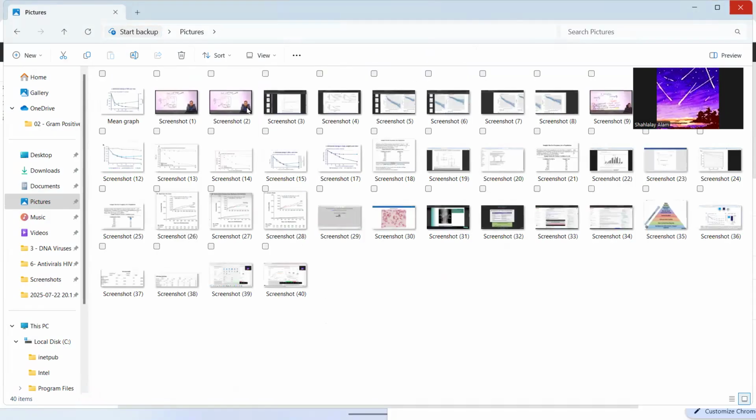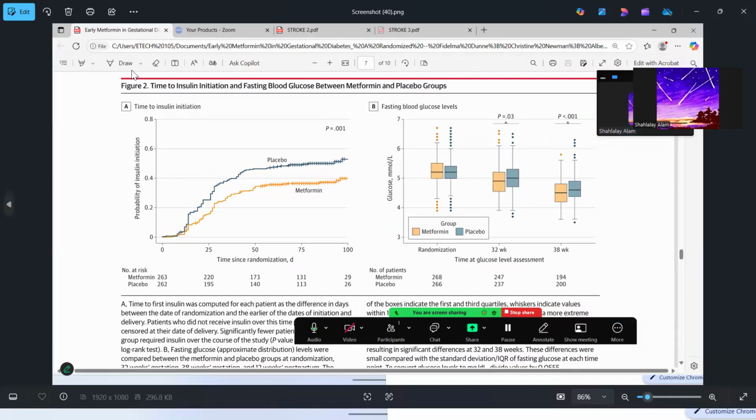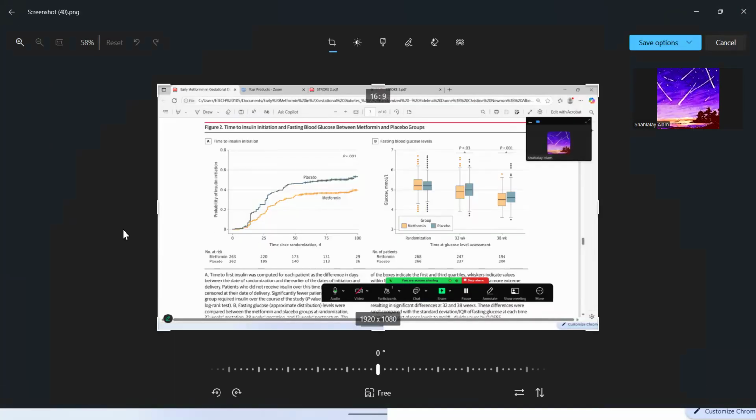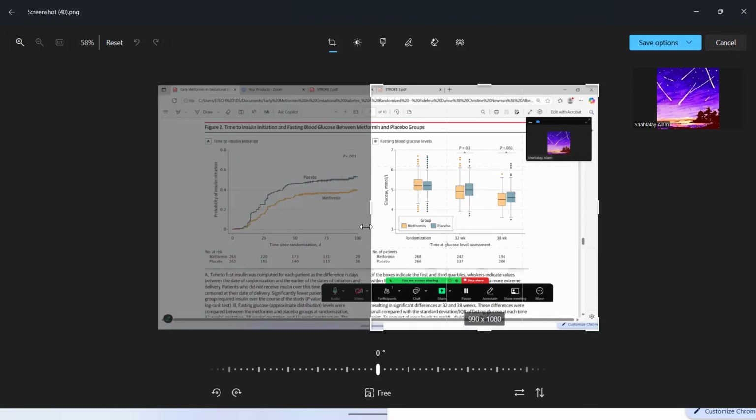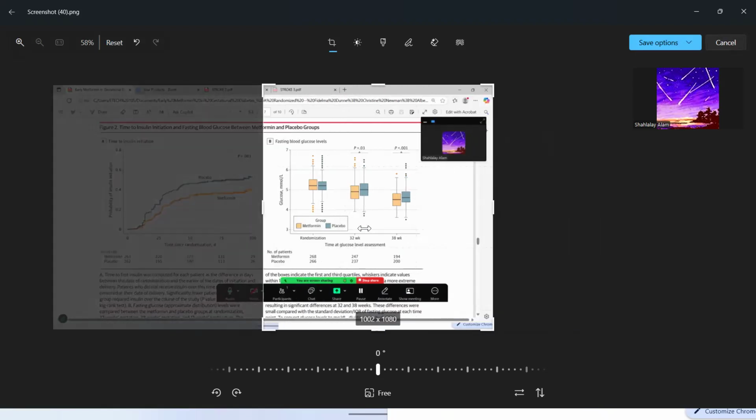Now, screenshots. I'll crop the screenshot. Edit and crop this.